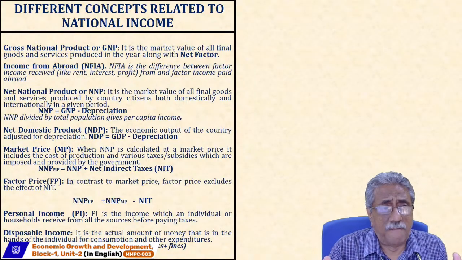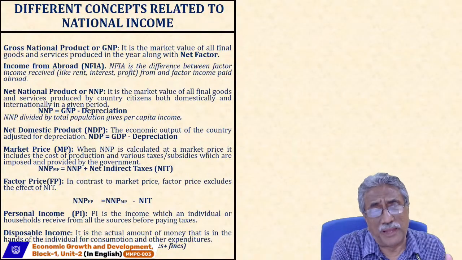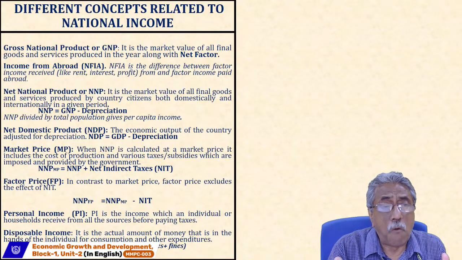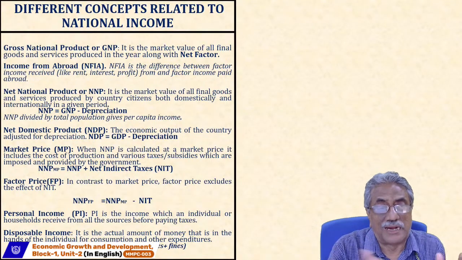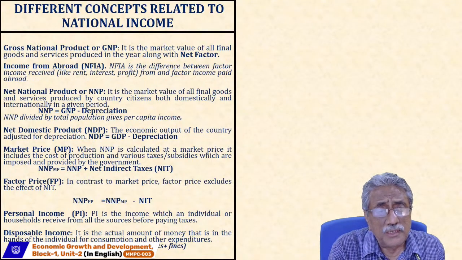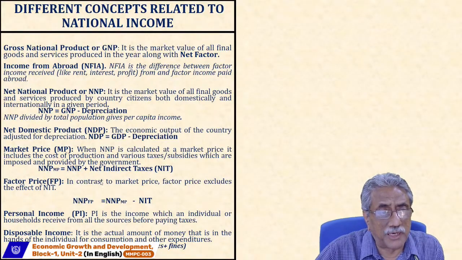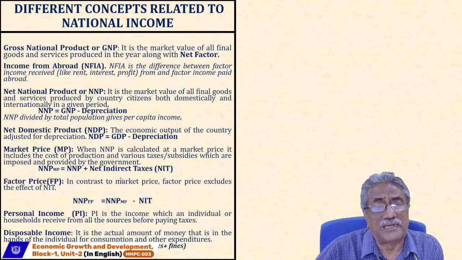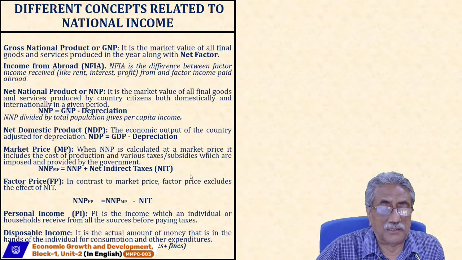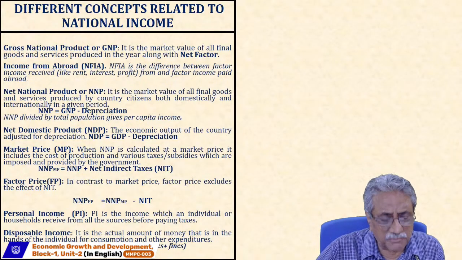A car: production cost is something, and we pay a lot of money to the government, GST, etc., 18%, 12%, like that. So net national product at market price is net national product plus net indirect taxes. Indirect taxes are GST, excise duty, customs duty, etc.